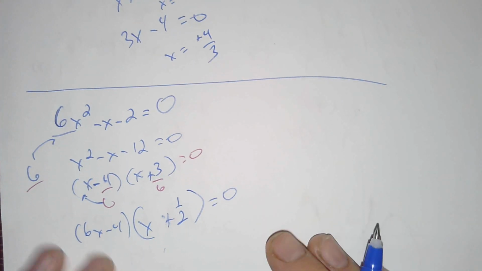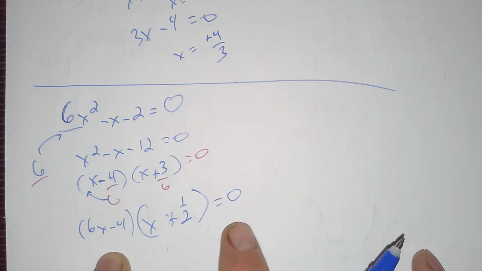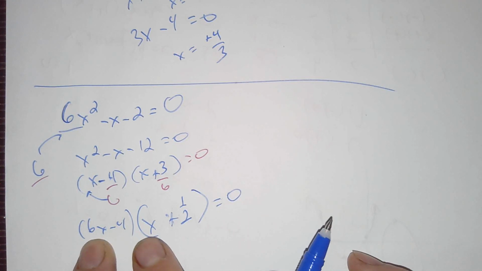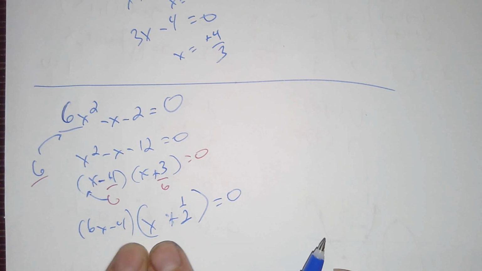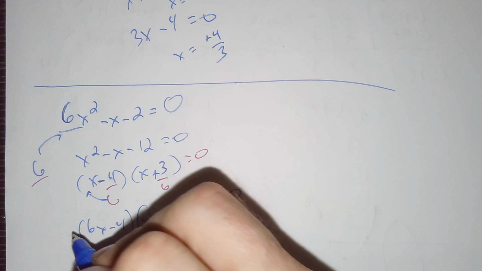Now you may notice something. You may notice I could set this equal to 0, and I get x equals negative 1/2, and I get x equals 6/4, right? That reduces down to 3/2. But this isn't completely factored, right? Because there is a common factor of 6 and 4, and that's going to be 2, right?